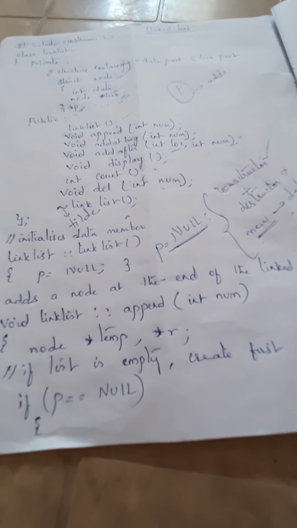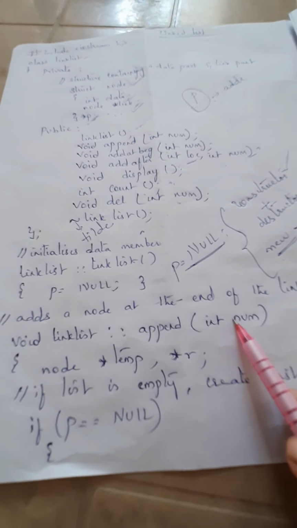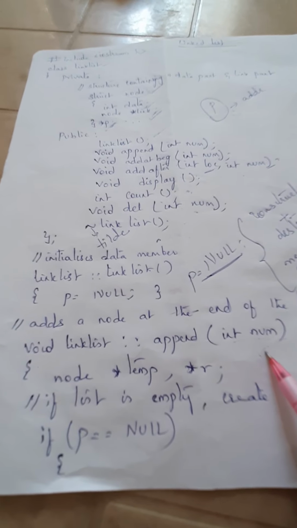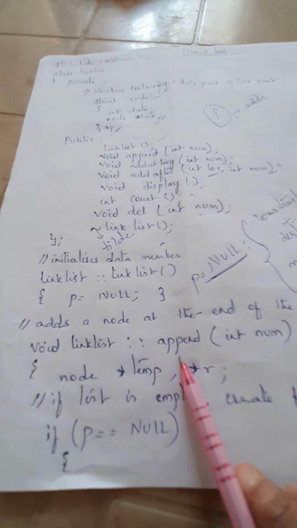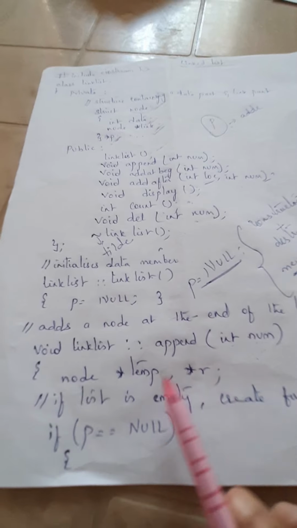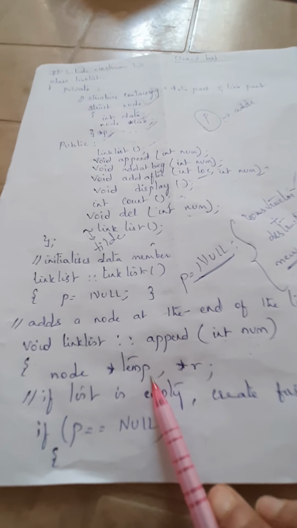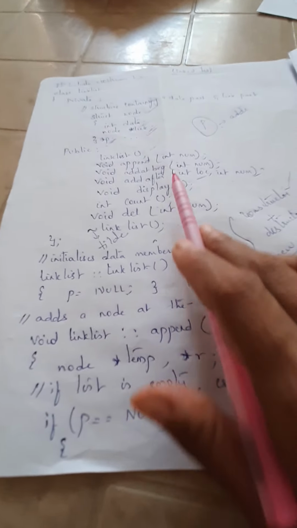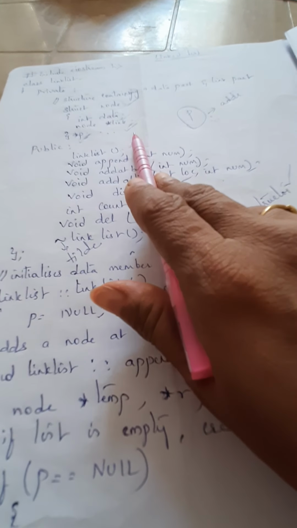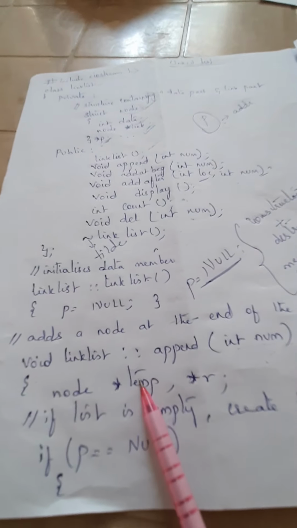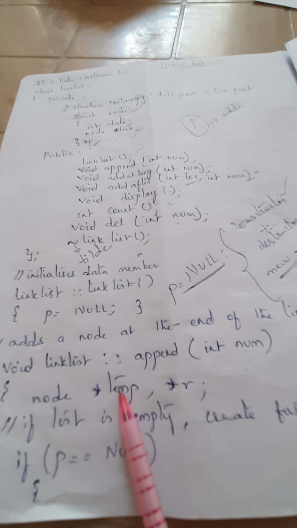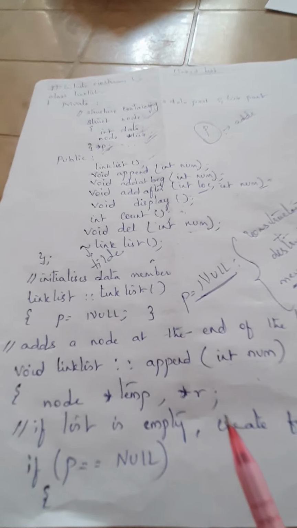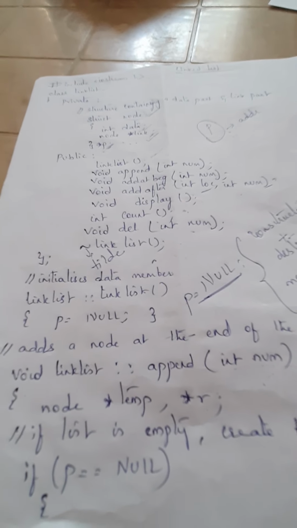So here is the append function. The parameter number is the item that we have passed through the function call. Node *temp, *r. *temp is the variable that will be used for storing the link part, that is, the address of the link variable. *r is to create a new node if there is no node already created.